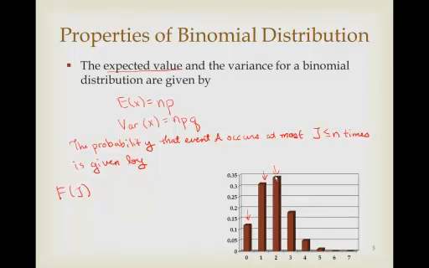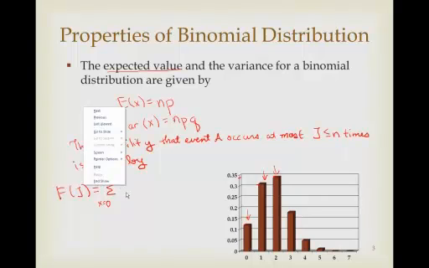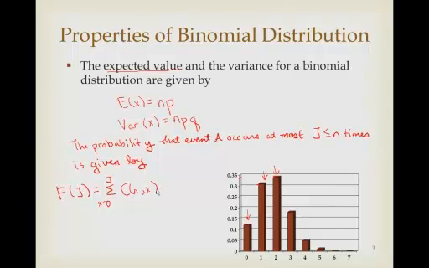You would add this probability amount, plus this one, plus this one. In other words, we're doing a summation. So we just sum from x equal to 0 to whatever our j is of the probability, and we calculate the probability for each one as n choose x times p to the x times q to the n minus x.